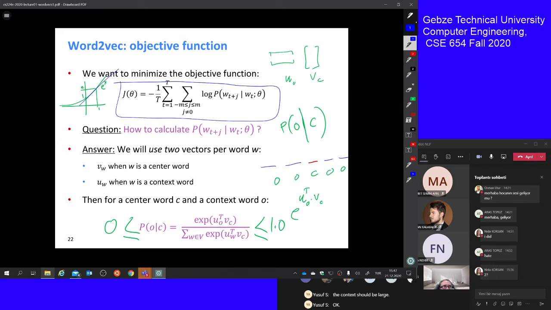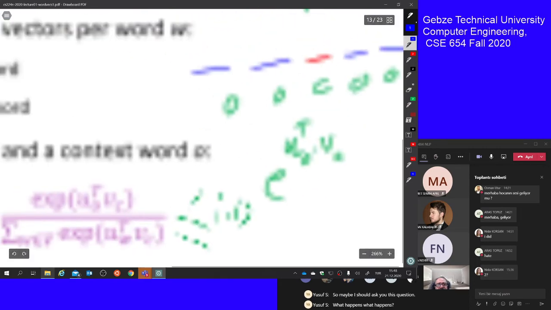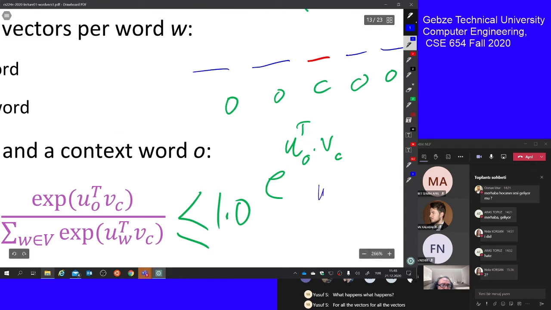So maybe I should ask you this question. What happens for all the u vectors and the v vectors if I do this? They are all ones. And this one is all 1.